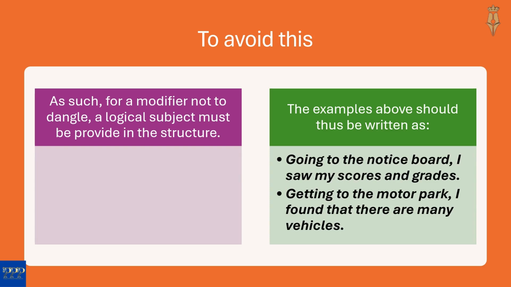So you need to provide a logical subject for the clause, and that's what will make your modifiers not to dangle. Modifiers are supposed to give you an idea of what's happening in the sentence.